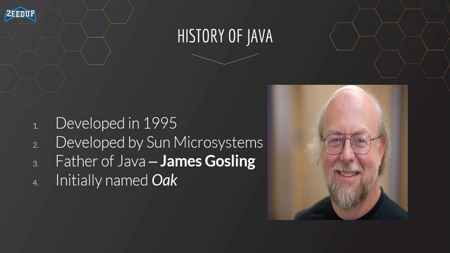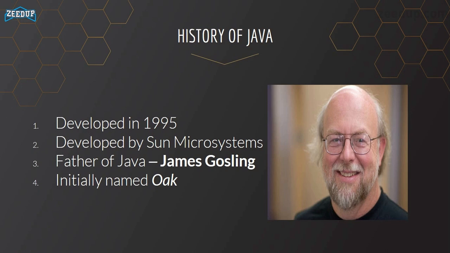It was developed in the year 1995 by Sun Microsystems. Sun Microsystems is now a subsidiary of Oracle. That is why if you want to download Java, you need to go to the website of Oracle.